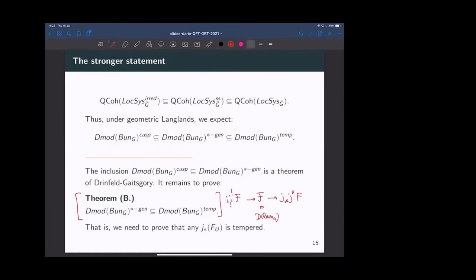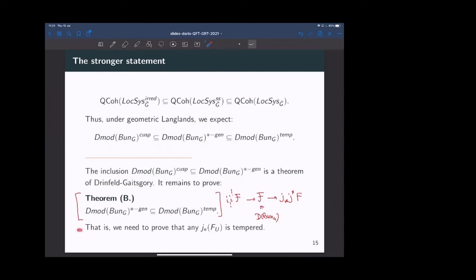So j is the inclusion of this open part, and i is the inclusion of the complement. And since this is tempered by this theorem, this is star generated, so it's tempered. So deciding whether F is tempered is equivalent to deciding whether this is tempered, no matter how big the open that I excluded. So in this sense, after this theorem, the definition of tempered object depends only on the end near infinity.